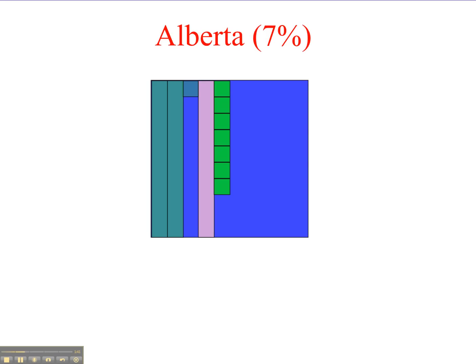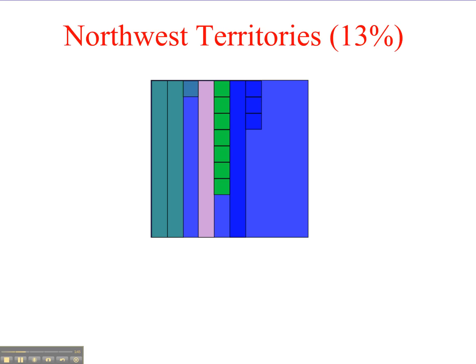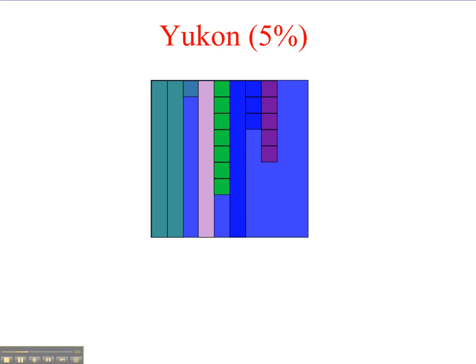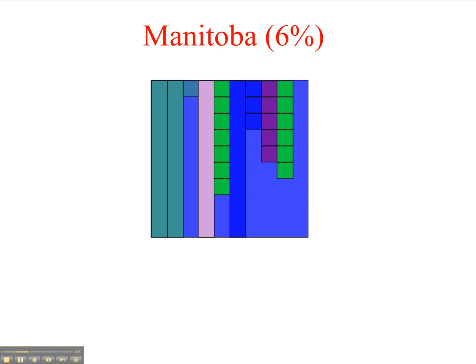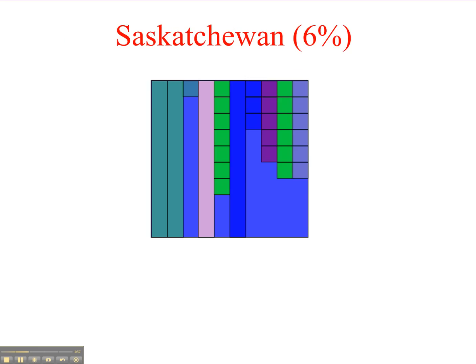Alberta is 7 units because it occupies 7% of Canada. Northwest Territories is equivalent to 13%, and so here is the Northwest Territories. The Yukon is 5%, Manitoba 6%, and Saskatchewan is also 6%. So here we have empty space, which represents the eastern provinces, which we didn't use for this example.